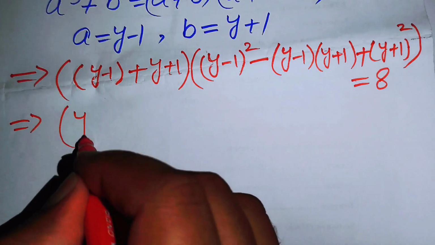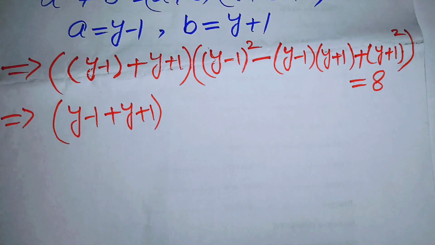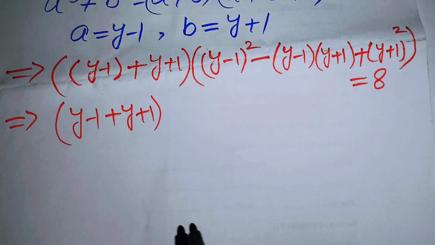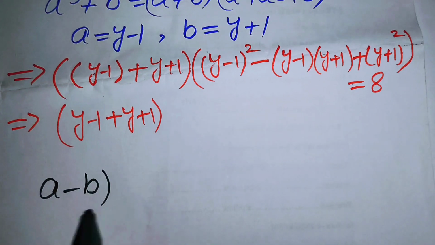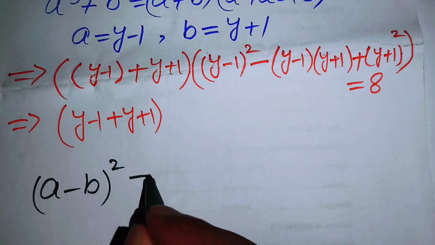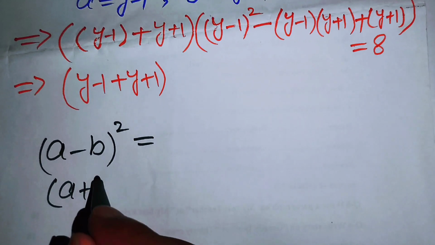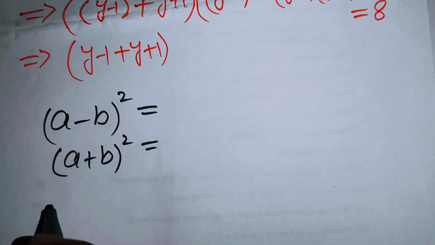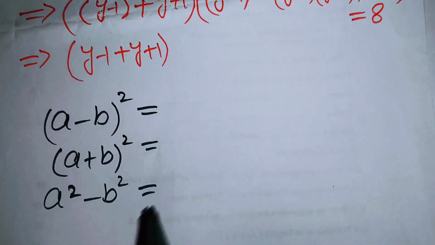Now we can simplify the terms, and first you can open these brackets and you will get y − 1 + y + 1. Here you can apply other nice formulas; we need (a − b)², (a + b)², and a² − b². So we need these three formulas.